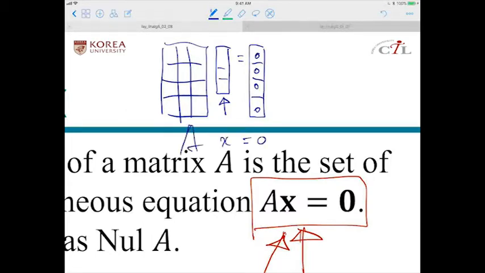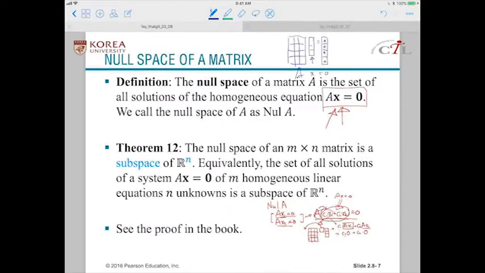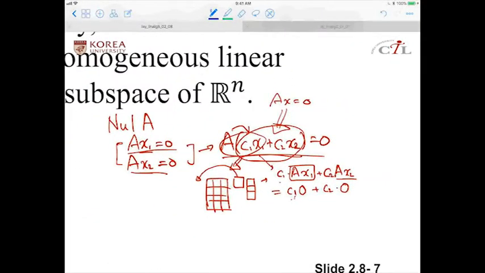And then we proved that this null space, which is the collection of all the possible solutions of this homogeneous linear system, satisfies the requirement of a subspace, which is being closed under the linear combination.